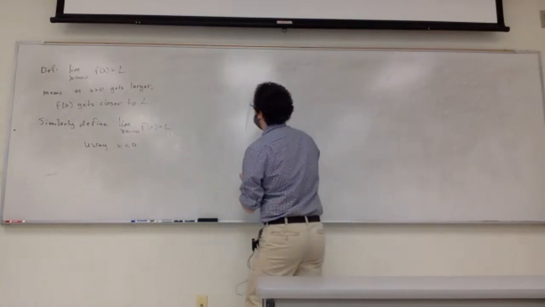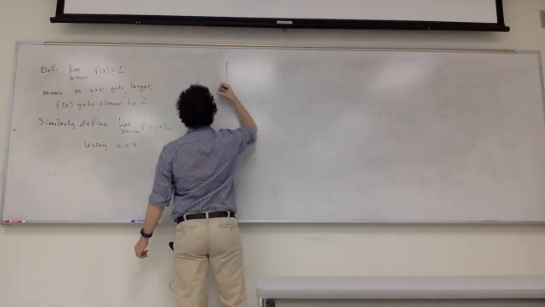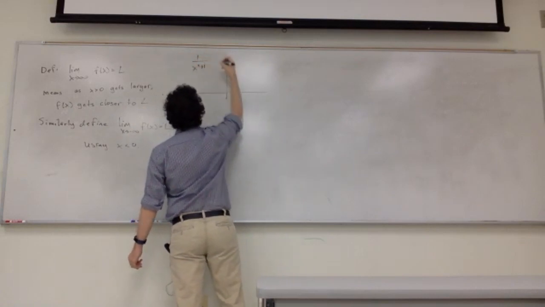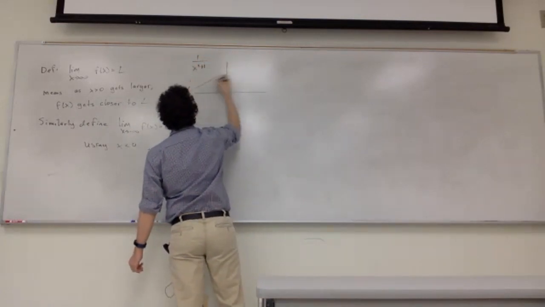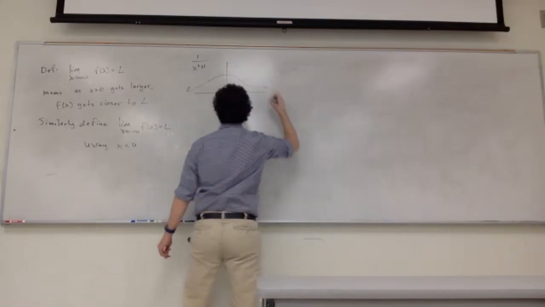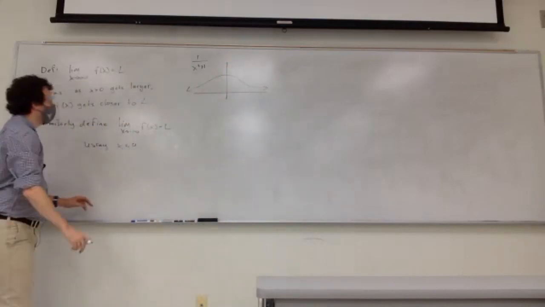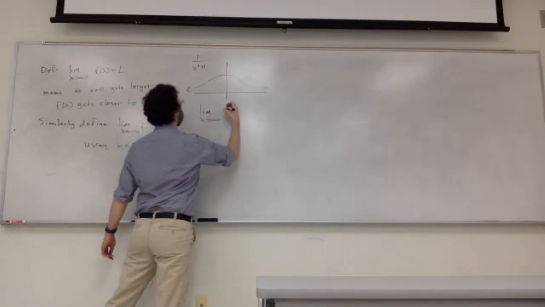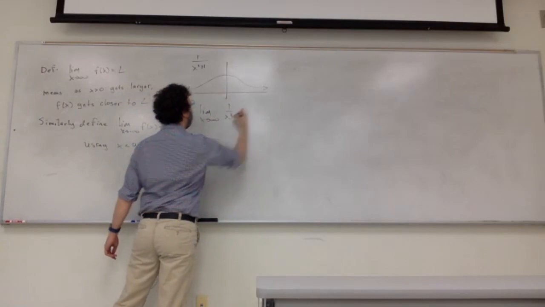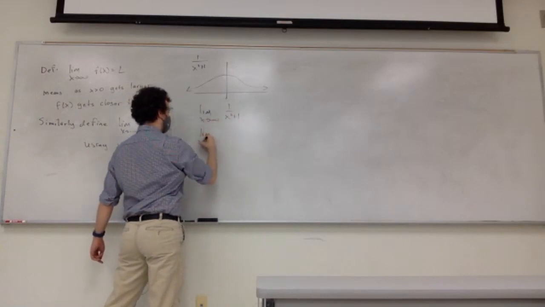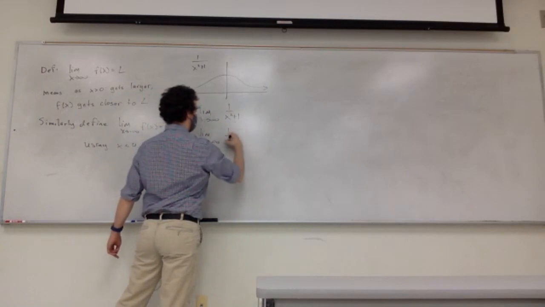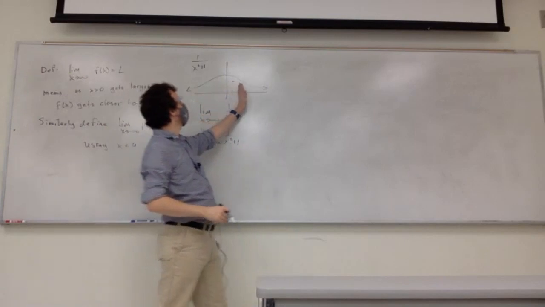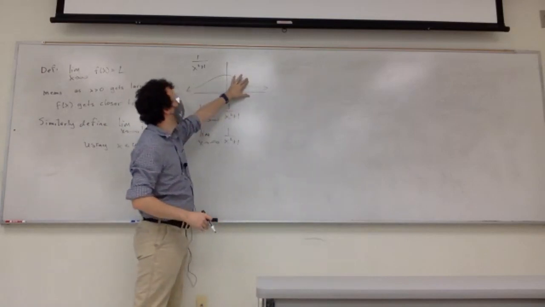Graphically, and we had this picture up last time, look at 1 over x squared plus 1. If we look at these limits at infinity and minus infinity, as we go to infinity, that's saying look further and further out to the right, what happens to your graph.